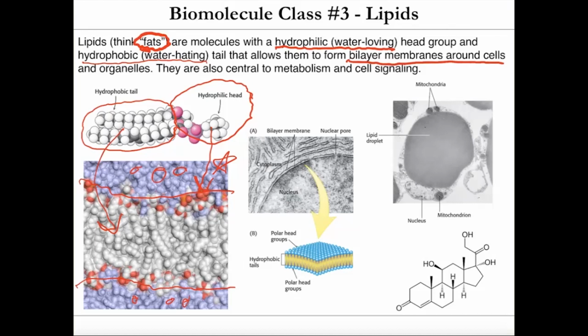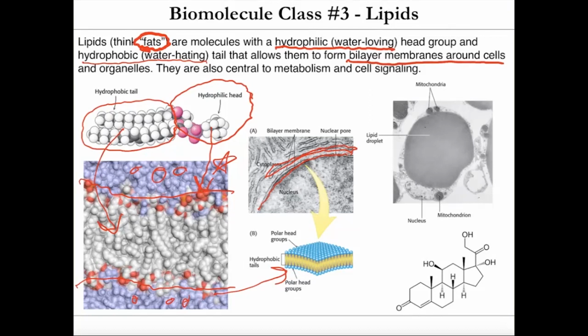So this allows the cell to form this lipid bilayer around the cell to, basically, keep the external environment different from the internal environment of the cell. The nucleus in the cell and all these different organelles also are delineated by these lipid bilayers.